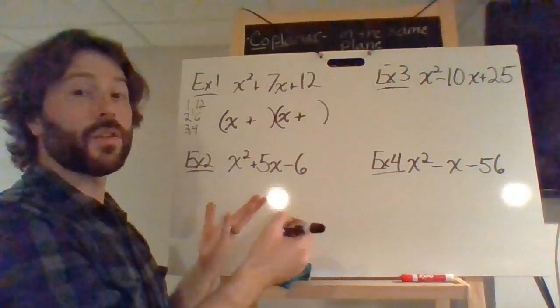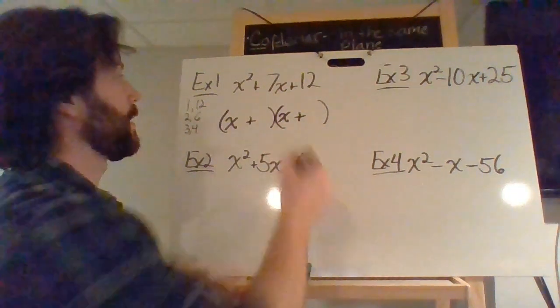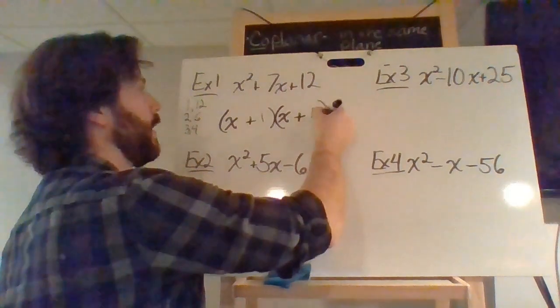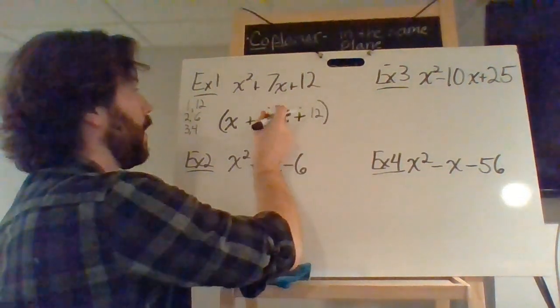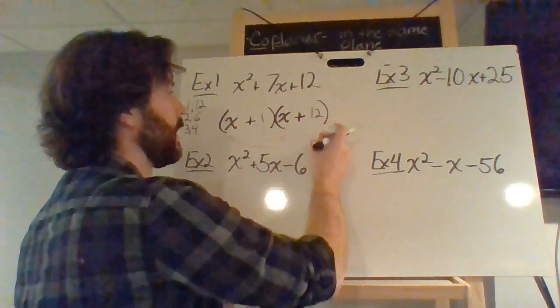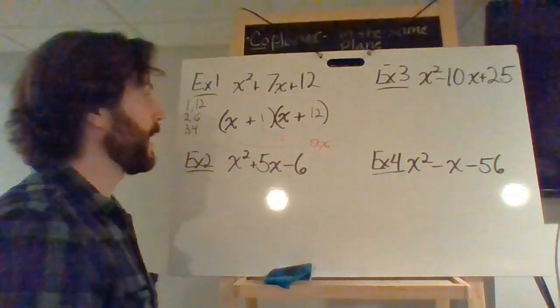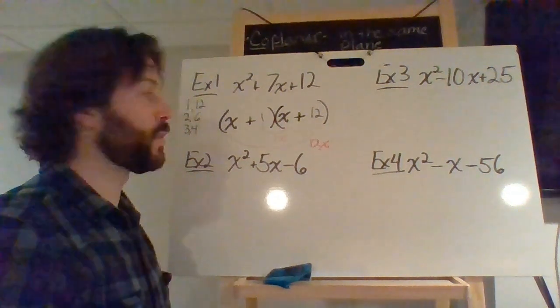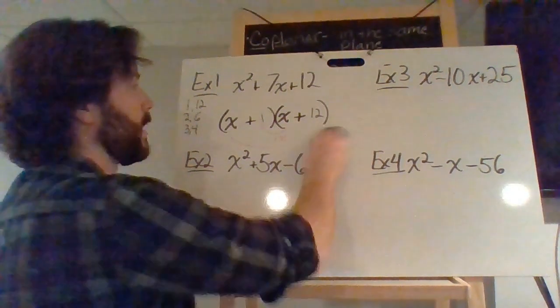So let's just try trial and error and see what happens. I've got 1 and 12. So on the inside, I'd get 1x. And on the outside, I'd get 12x. Well, I can't add 1x and 12x and get 7x. So this one, no good.